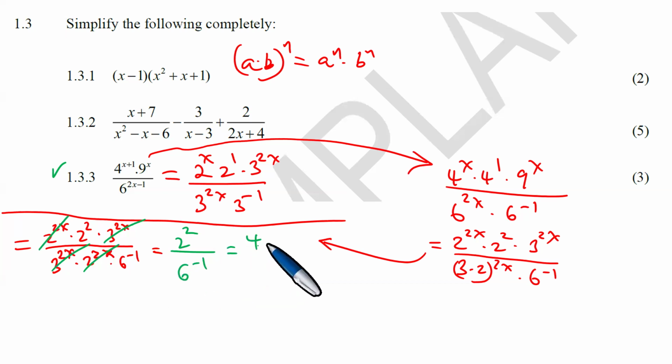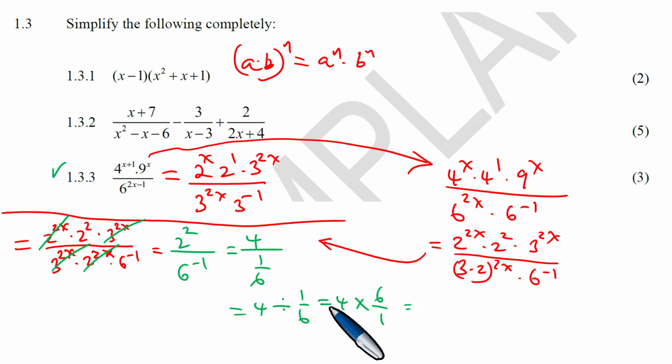And then it's 4 divided by 1 over 6, which is 4 multiplied by 6 over 1. What is 4 times 6? 24. And so the answer is exactly what? 24. So any question, Paul?